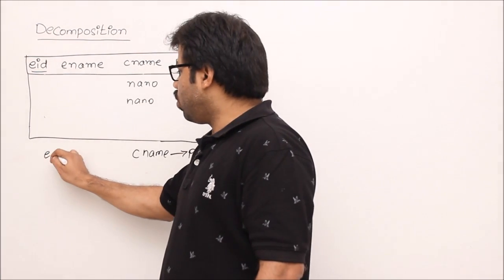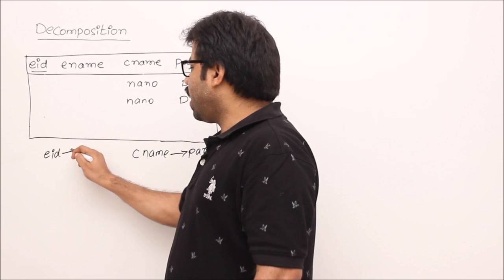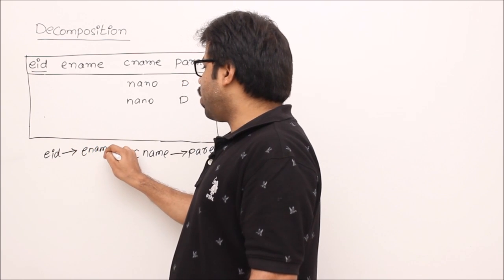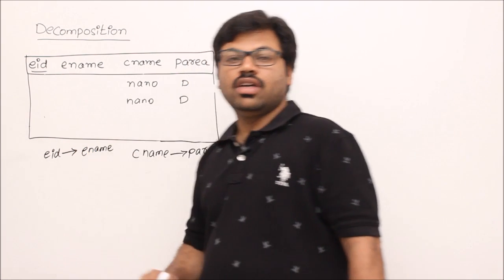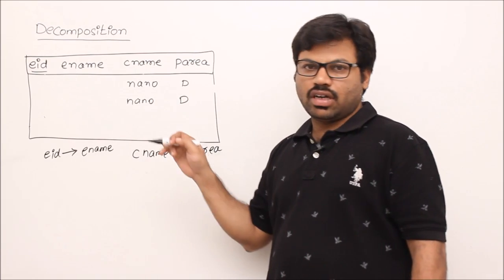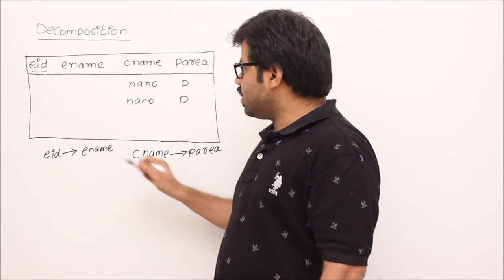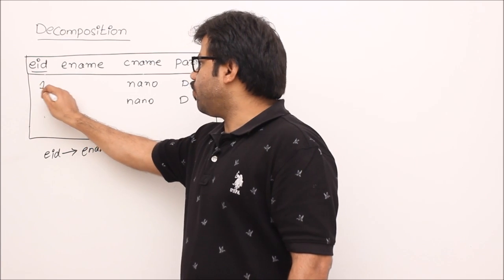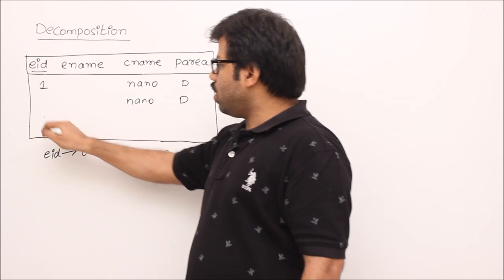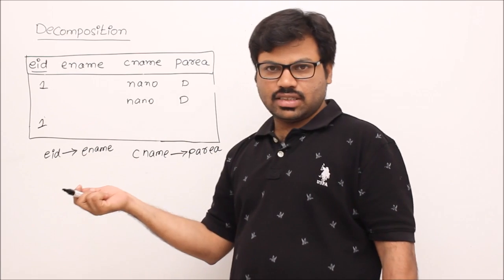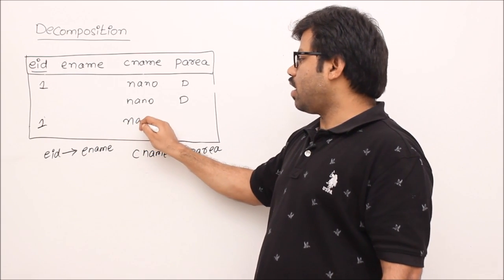That means car name decides parking area can be written as car name determines parking area. Similarly, we have one more dependency, that is employee ID determines employee name, because employee ID is the unique identification number. Since every employee has only one car, can I say this? If employee ID 1 has a Nano car, another employee ID 1, since he is the same person, will have the same car name Nano.